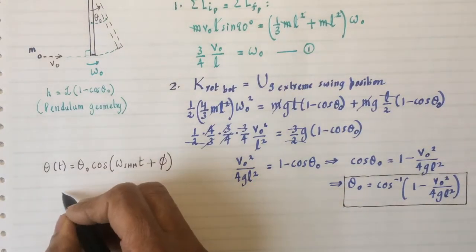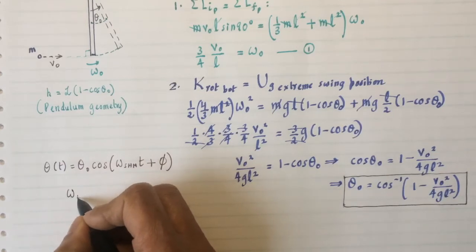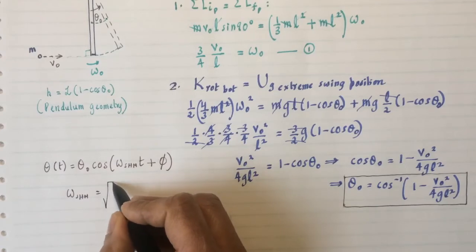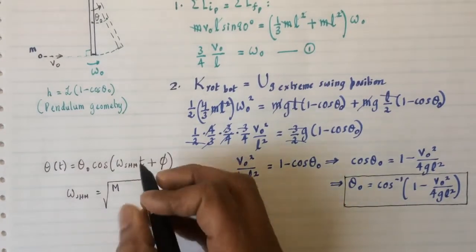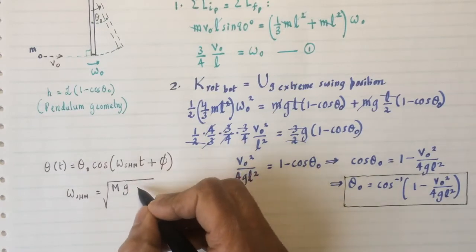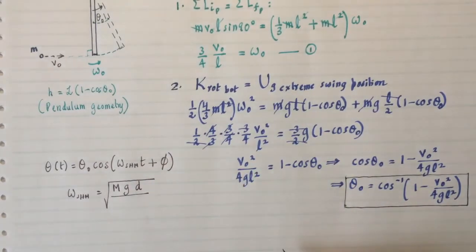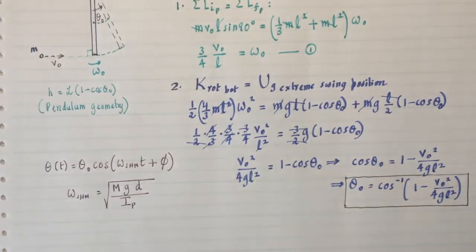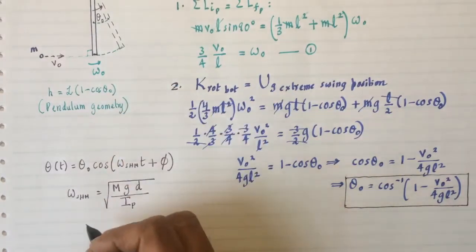Well, that comes from the period of a physical pendulum. So omega simple harmonic is the square root of the total mass of the system times g times d, which is the distance between the center of mass of the system and the pivot point, divided by the moment of inertia about the pivot point. Now actually we have all of these right out there, so let's write it.